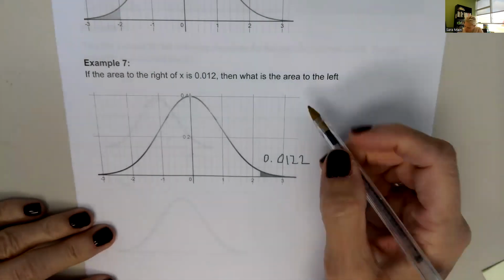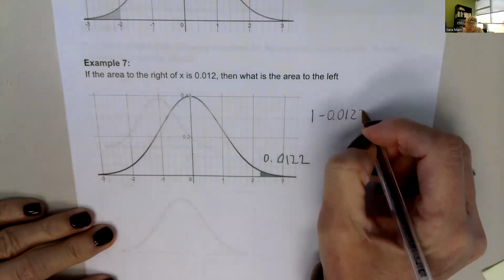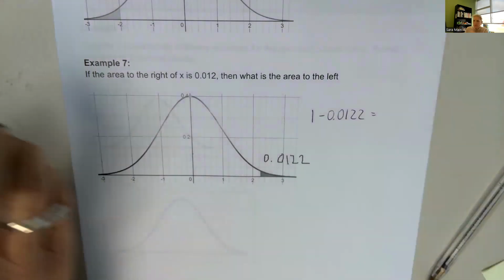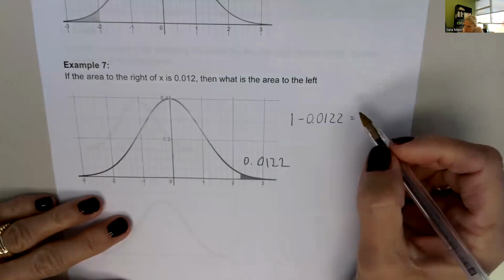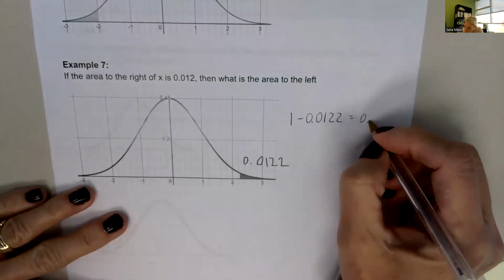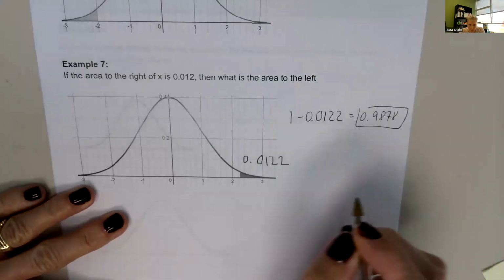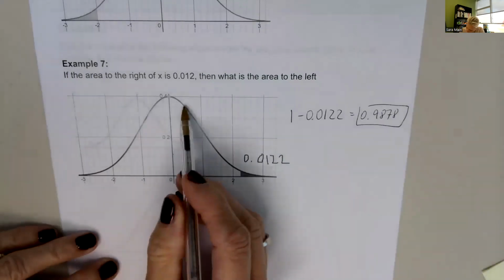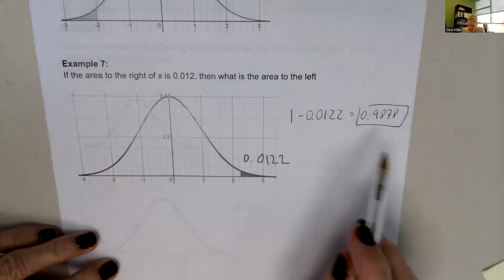Then our area to the left is going to be 1 minus 0.0122. And again, we can find that in Desmos. And that comes up to be 0.9878. The unshaded part is 0.9878.